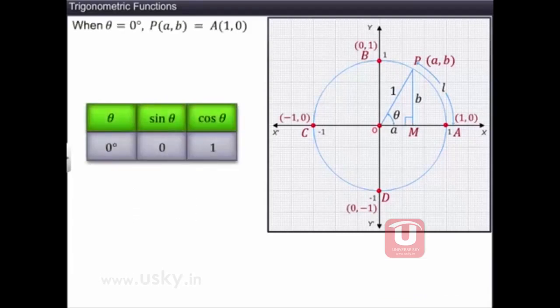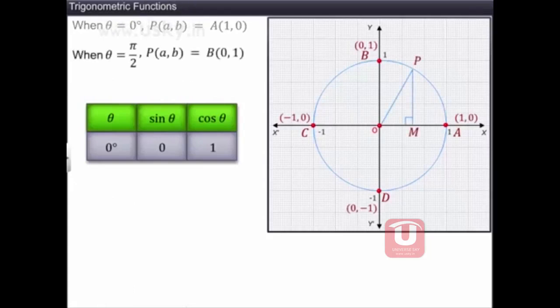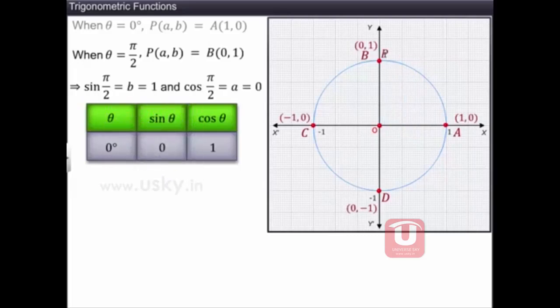When theta is equal to 0 degrees, point P coincides with point A. It implies that sin 0 degrees is equal to 0 and cos 0 degrees is equal to 1. When theta is equal to pi by 2, then point P coincides with point B. It implies that sin pi by 2 is equal to 1 and cos pi by 2 is equal to 0.